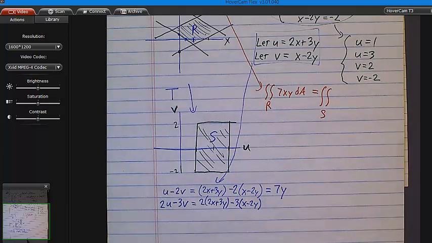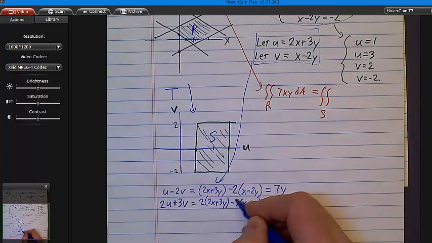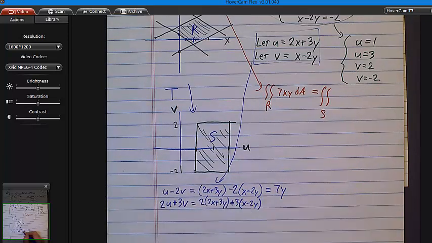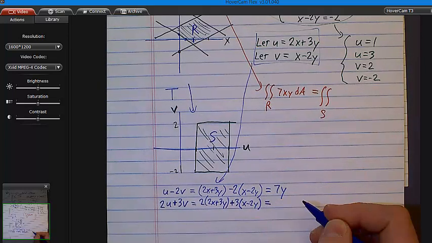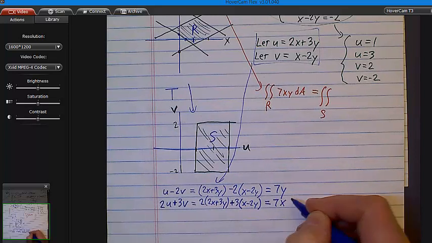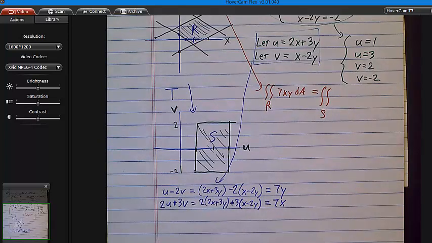So here the y's are going to drop out, right? The 6y and the minus... Oh, wait a minute. It should be plus 3v. Otherwise, that won't work. There. Thank you, Alex. So now the 6y and the minus 6y will drop out, and so what does this equal? Beautiful. These sevens, lucky 7 is showing up everywhere.